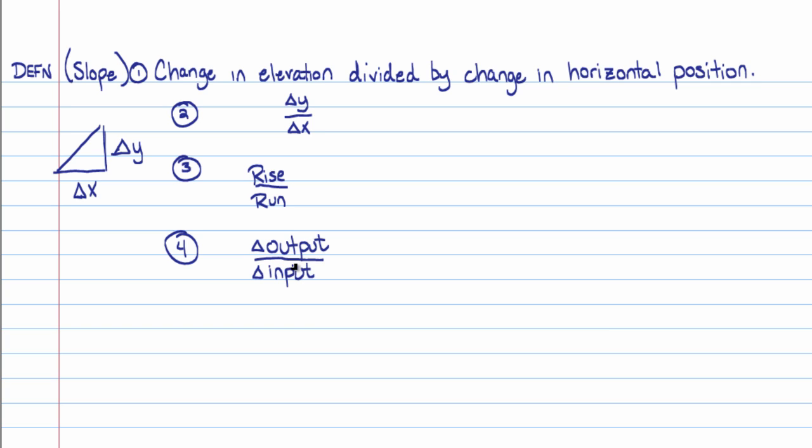If you think about a graph where the horizontal axis represents the number of years you've worked at a job, so time, and the vertical axis represents your salary, it could look something like this, right?